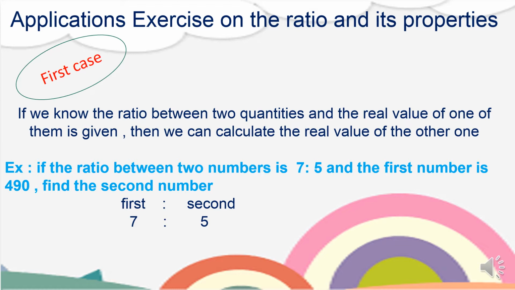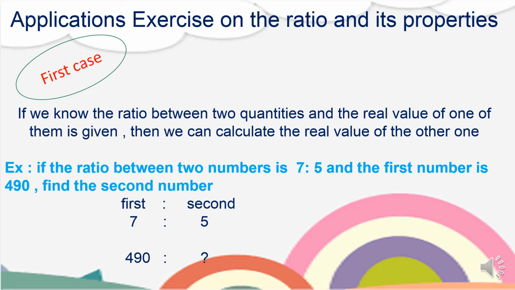So when I have 490, it is the real value of the first number. So the 7 parts represent in the real 490.